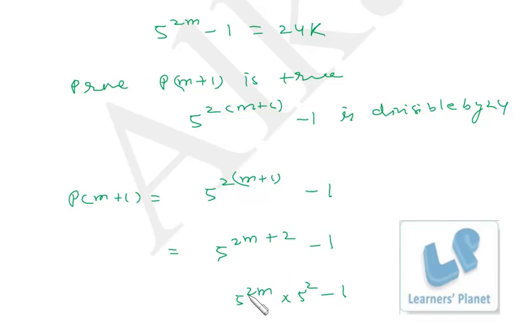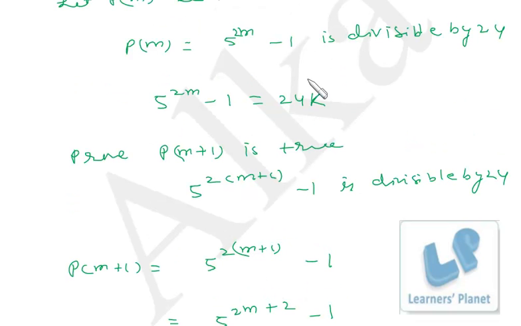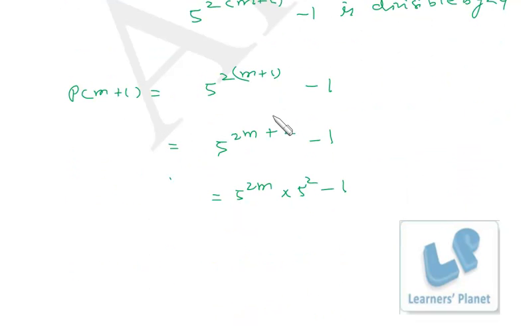This statement can be written like this. Now instead of 5 raised to 2m, I can write 24k plus 1, right? 5 raised to 2m minus 1 is 24k, that we have assumed. So 5 raised to 2m will be 24k plus 1. So I write it over here, 24k plus 1 into 25, and this is minus 1.